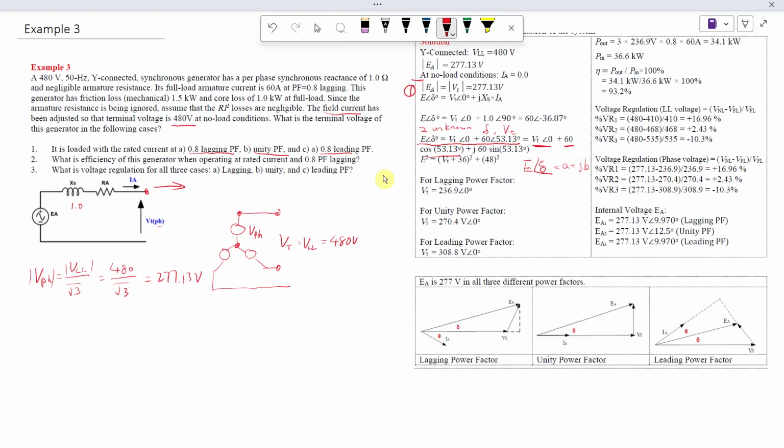That was the cosine of 53 degrees, and that was the sine of 53 degrees. Then we know this E is how much? 277, right? This is 277. Then there's only one unknown, VT. Then we can calculate that VT.